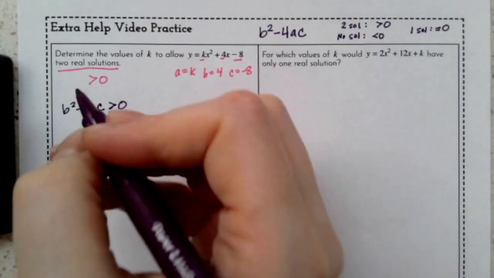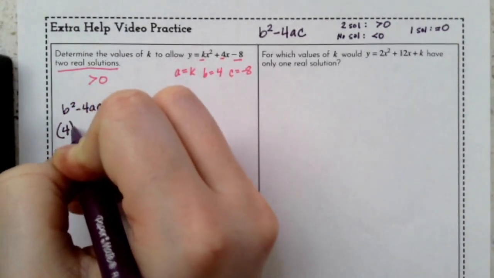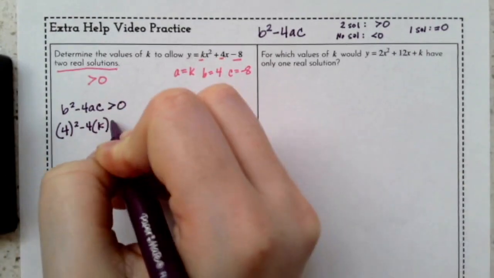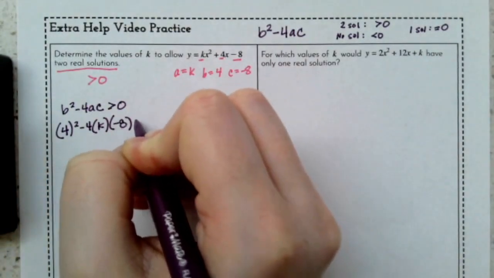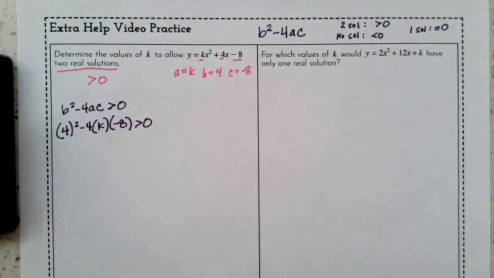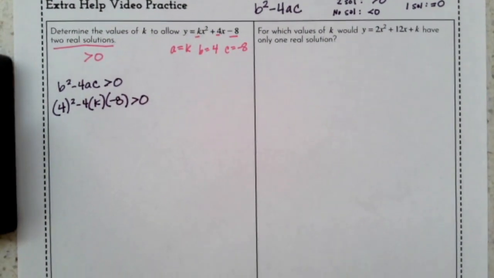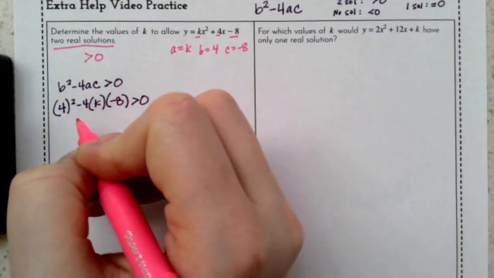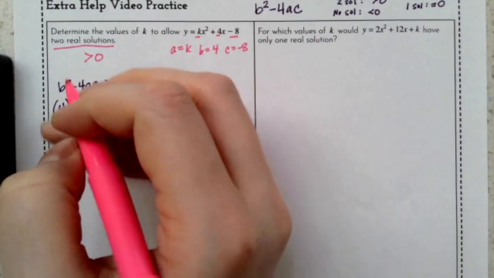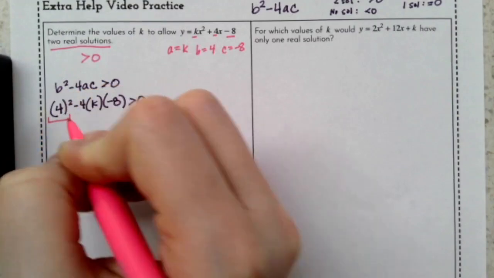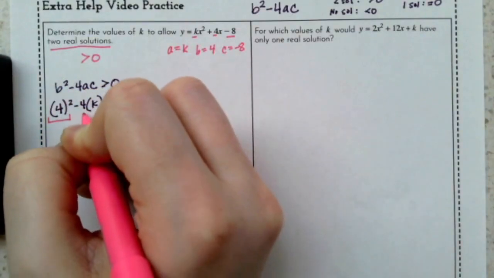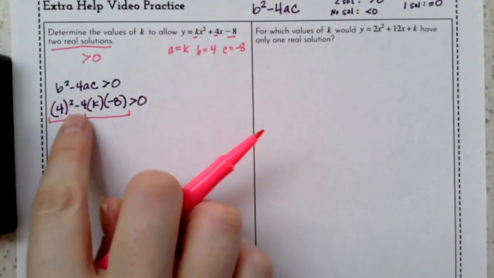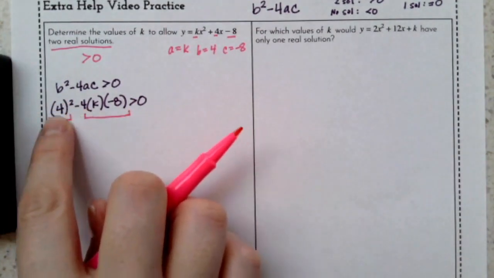And so when I plug those in, I want to plug everything in inside parentheses, including k. And then I can start simplifying, because my goal is to get k by itself. I want to figure out what k needs to be. So when you simplify, it's important that you treat this as its own piece and then this as its own piece. You can't simplify this and this together because those are separate pieces.